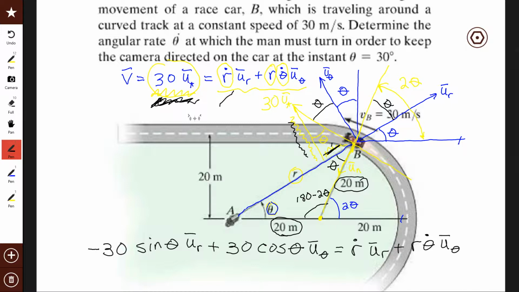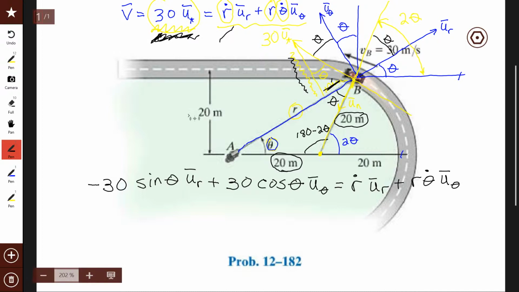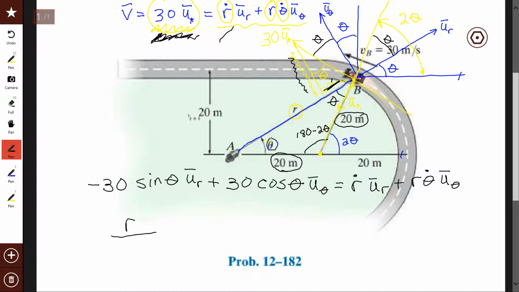R, and so I'm going to use the law of sines because I remember that one. The law of sines would be R is to the sine of 180 minus 2 theta as 20 is to the sine of theta. Okay.